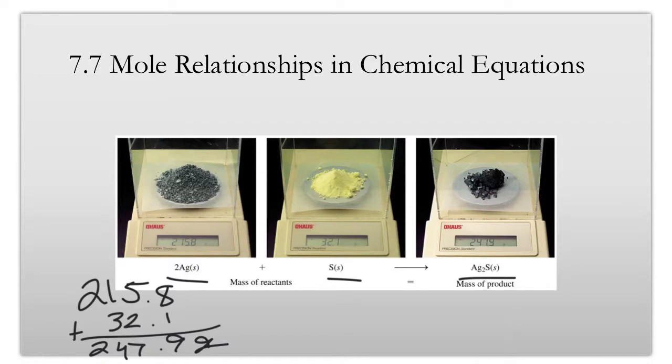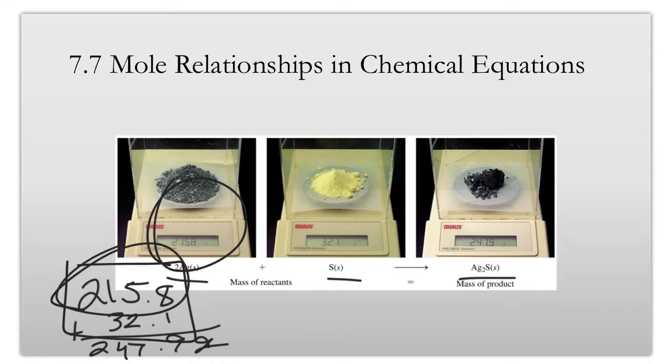Say this reaction had 220 grams of silver, it would still use 215.8 grams of it, and then you'd have 4.2 grams of silver left over. Let's actually do the math behind this to see if it is at all correct.